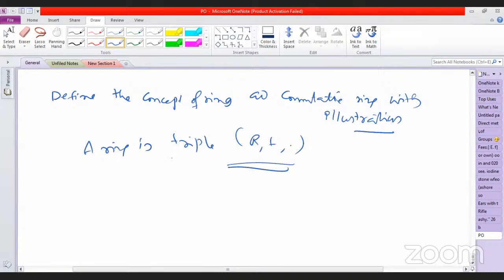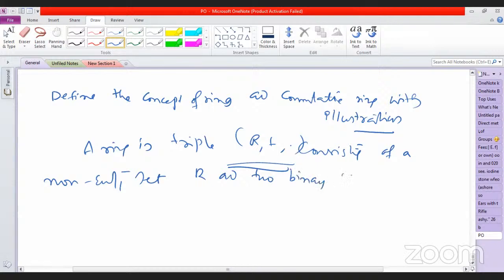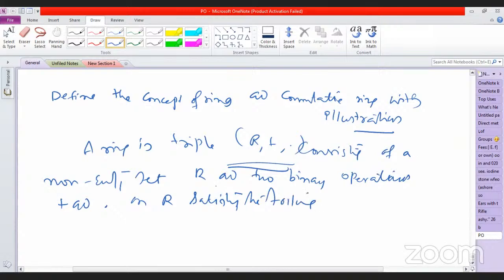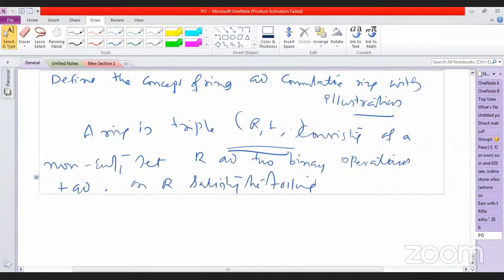A triple consisting of a non-empty set, we are writing here R, and two binary operations plus and dot on R, satisfying the following. I'm writing the following conditions. I will ask the questions also.